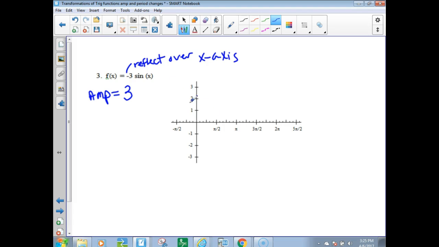All right, it's a sine wave, so it's still going to start at 0, 0. But at pi over 2, it's not going to go up. It's going to come down. Right, and then back to here. Then at 3 pi over 2, it's going to be up and then down. Now, I will just graph this before I extend it and label my points.